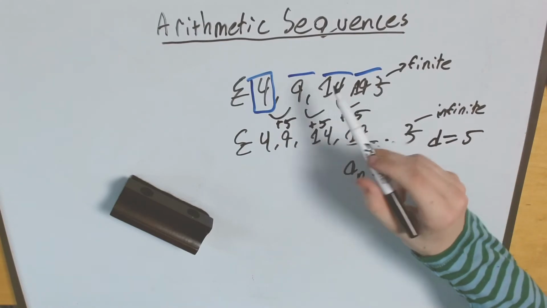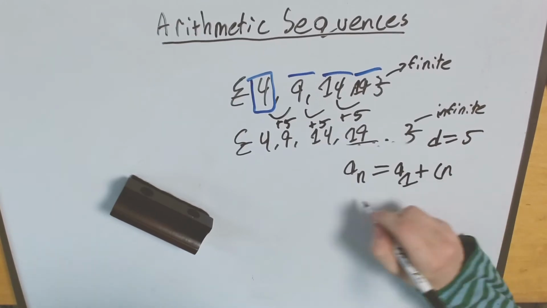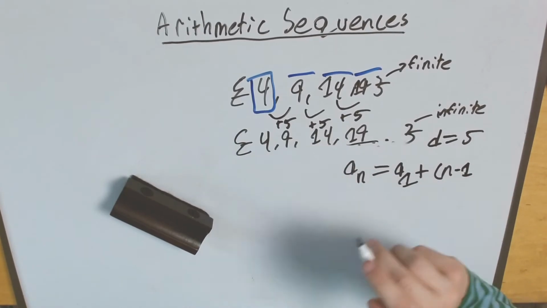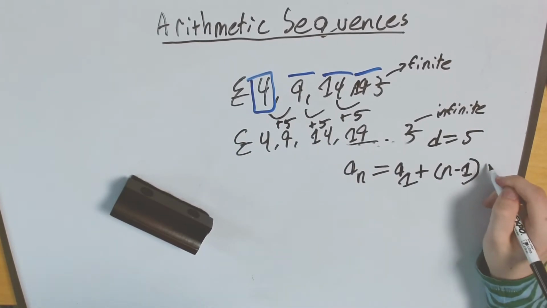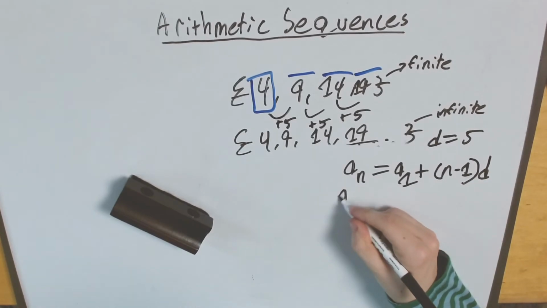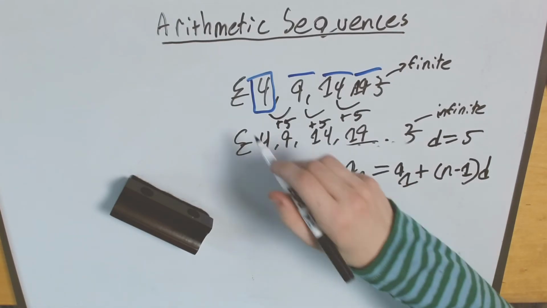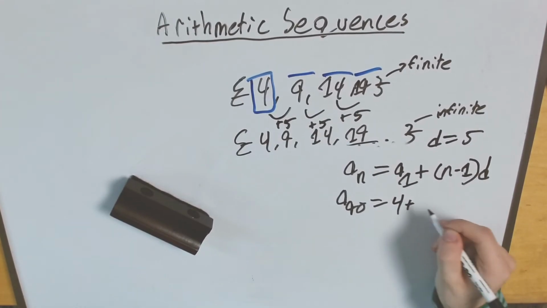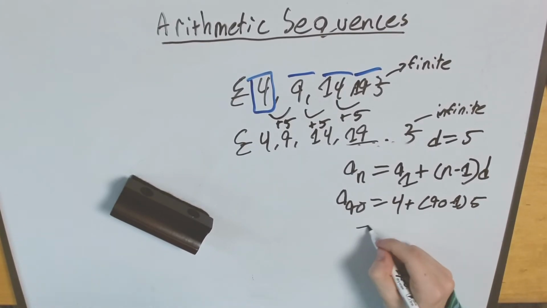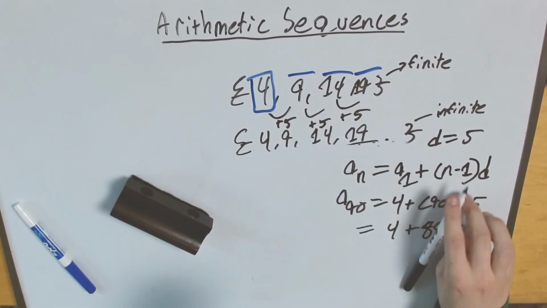Since I've added 5 for every value except the first, I'm going to have n, all the values that I'm currently looking for, minus 1, excluding that first term, and then times that common difference, which is 5. So if I wanted to find a_90, right, I'd have the first term, which is 4, plus 90 minus 1 times 5, or 4 plus 89 times 5.